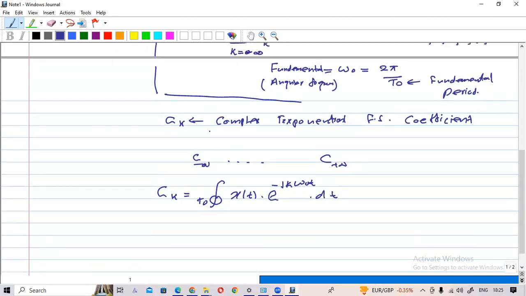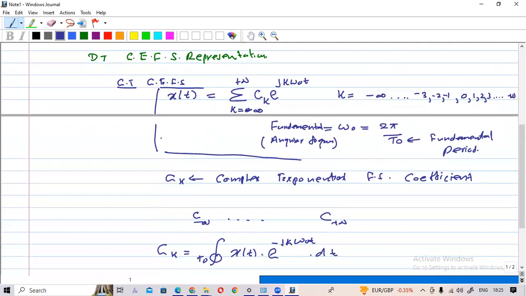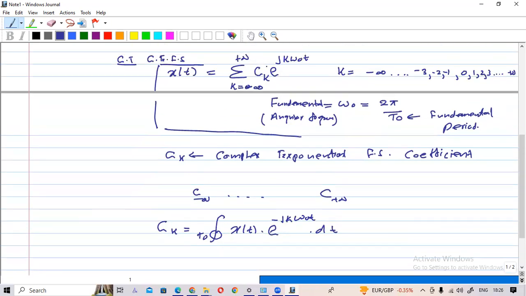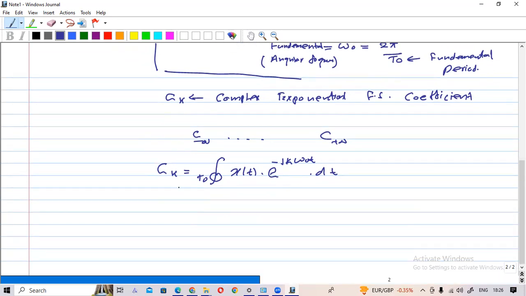This is how we represent a signal as a collection of complex exponential terms. The weightage is referred to as the complex exponential Fourier series coefficients, and the coefficients can be found using this integration.